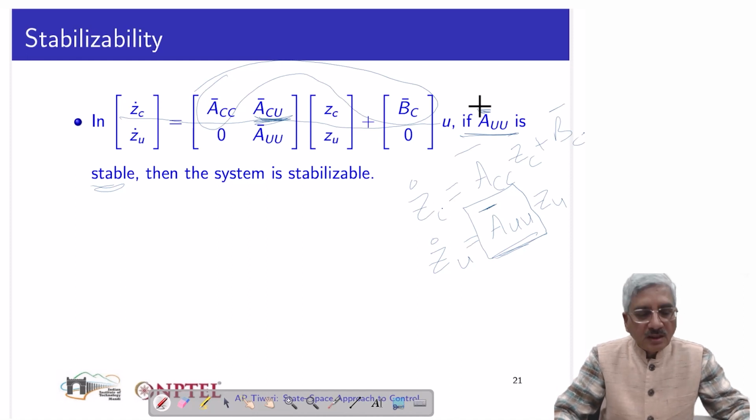It may still be acceptable. So this is what I was telling in the beginning, that an uncontrollable system doesn't necessarily mean that the system is useless. The answer is that if the uncontrollable part is stable, then the controllable part will continue to remain useful, and in that manner the overall system may be of some use and need not be discarded.